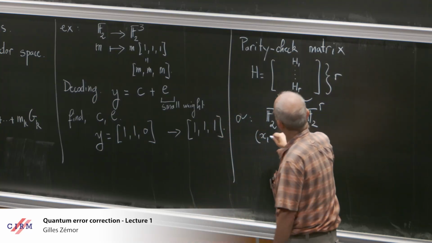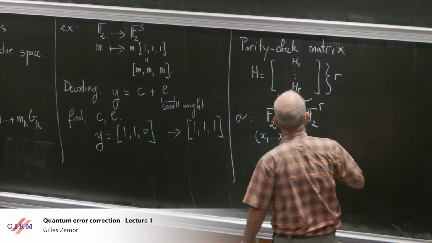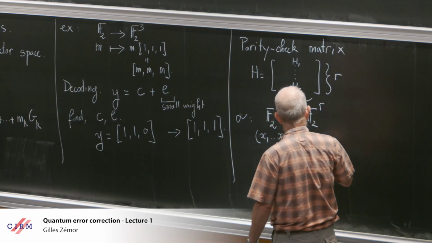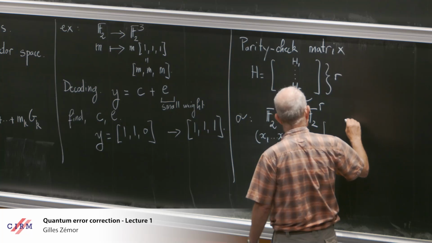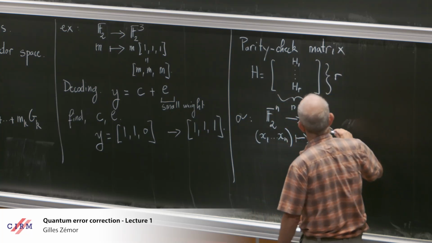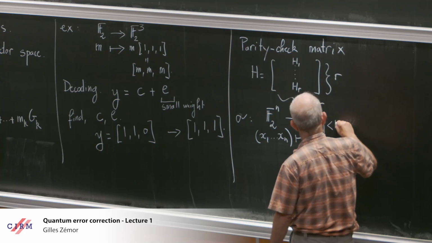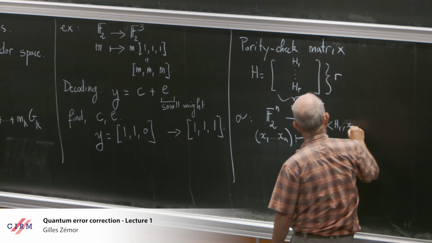It takes an n-tuple of bits, zeros and ones, x1 through to xn, to a column vector, whose first coordinate is the inner product of the first row h1 and x.